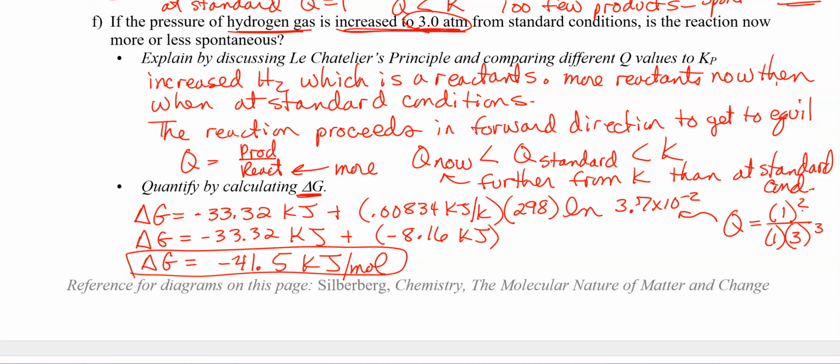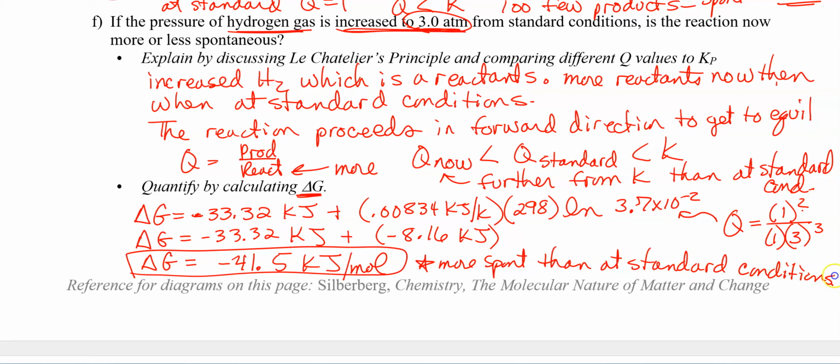Now, I want you to compare this delta G to the delta G naught. Our delta G naught was negative 33.32, right? This negative 41 is even more spontaneous, we say. So it's further away from equilibrium. You can think of it as more spontaneous than at standard conditions.